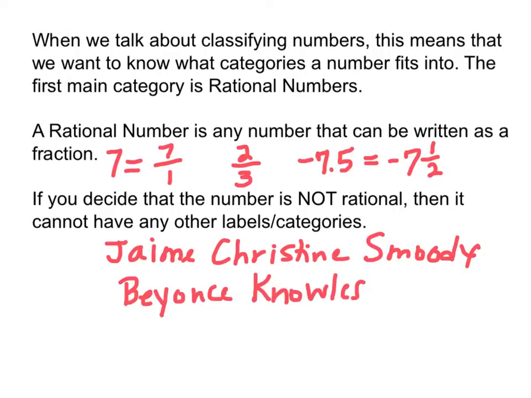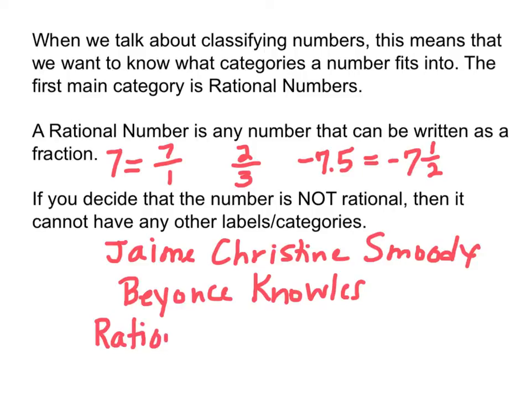Okay, so what I'm saying is that numbers can actually be named. They can have 1 name, 2 names, 3 names, or 4 names based on what categories they fit into. So if you decide that you have a rational number, that means it can also have additional names.